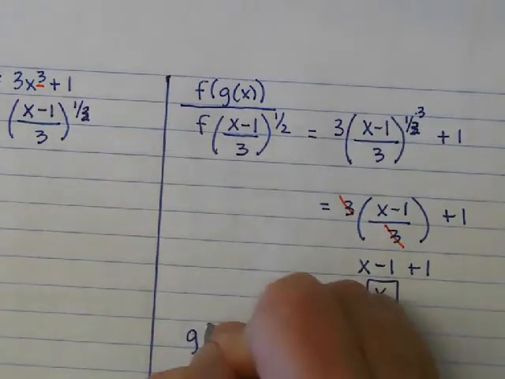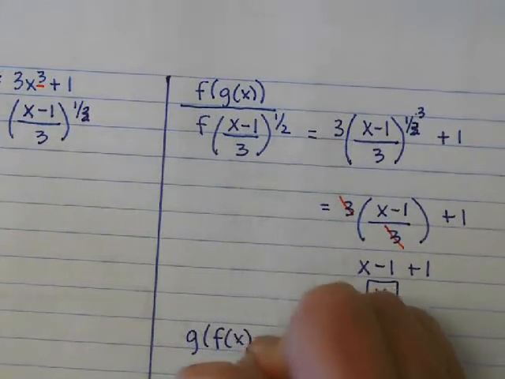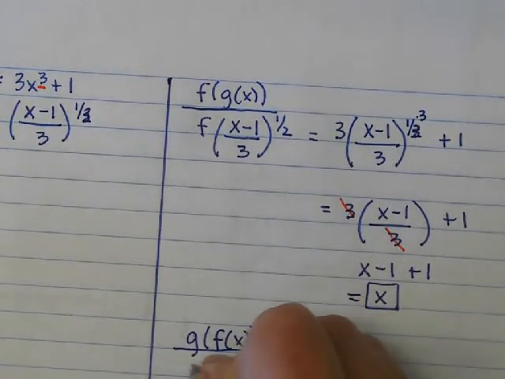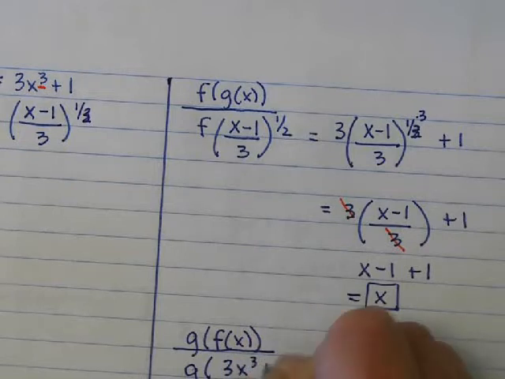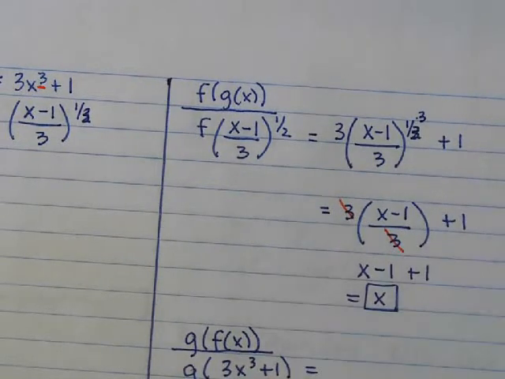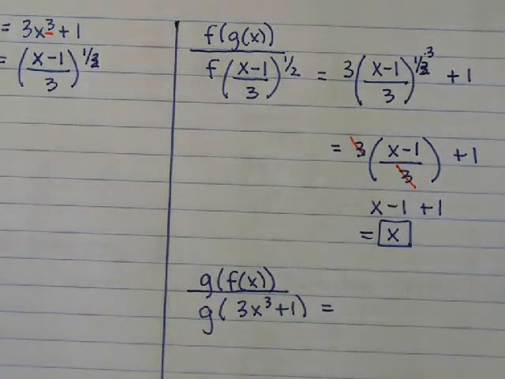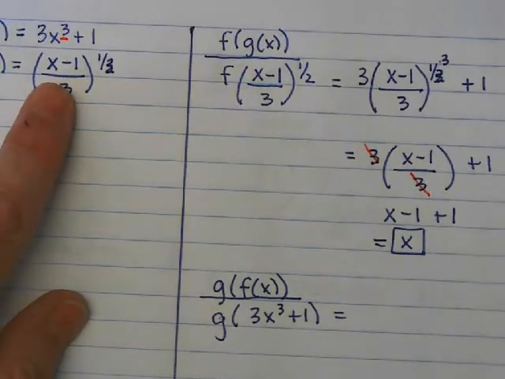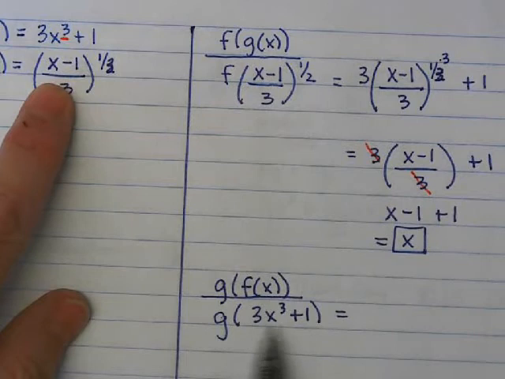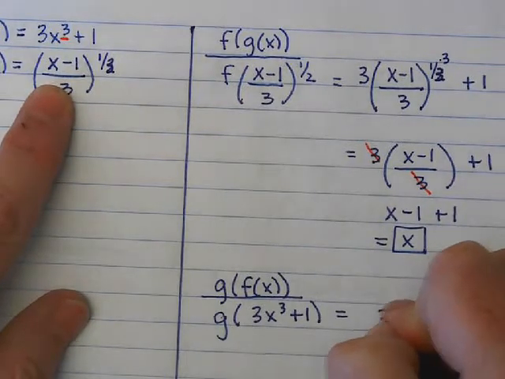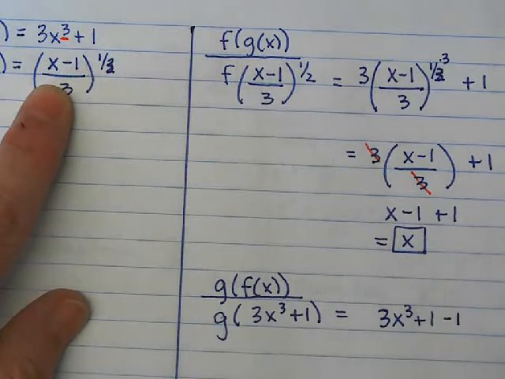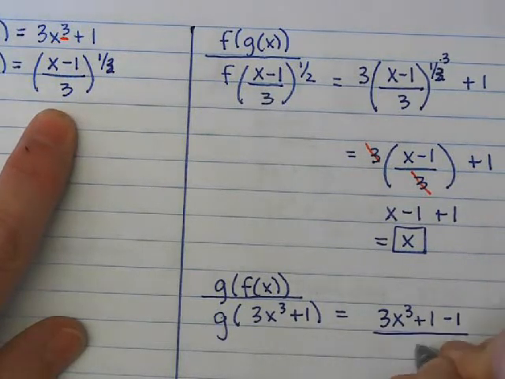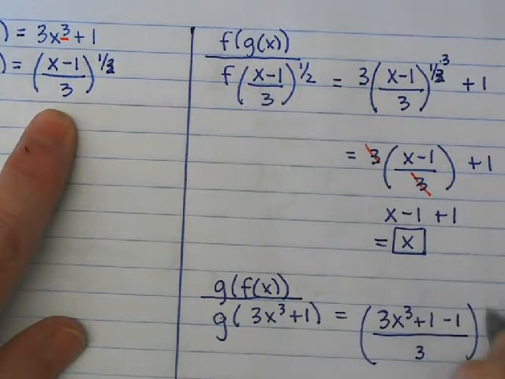Now I'm going to find g of f of x. So g, and I'm going to put in 3x cubed plus 1 into the g function. Okay, so everywhere I see an x, I'm going to plug in that. So that's (3x cubed plus 1 minus 1 over 3) to the 1/3.